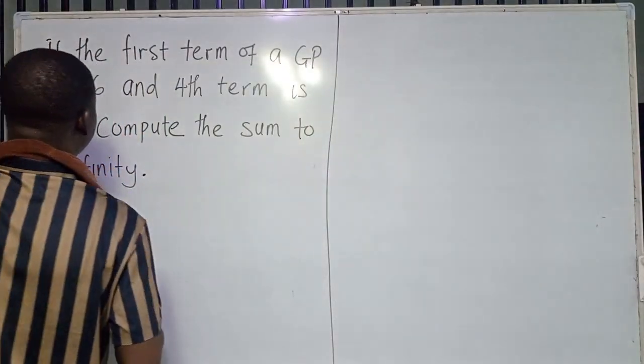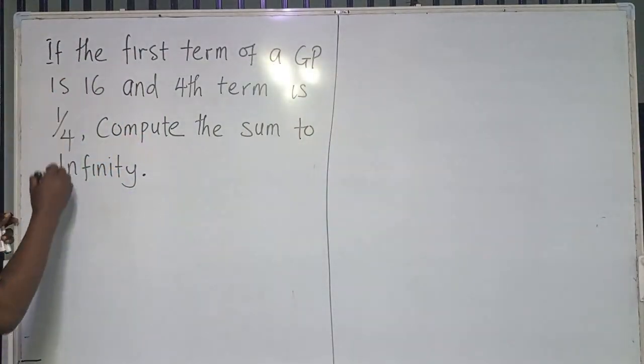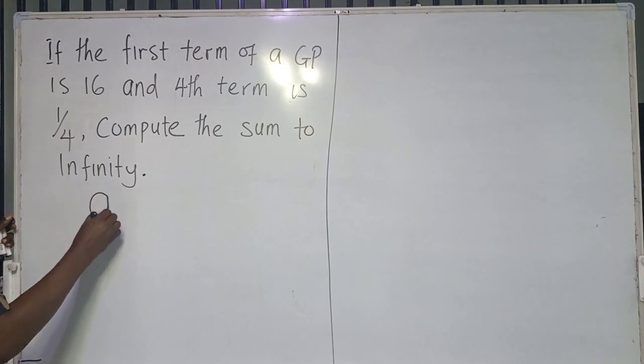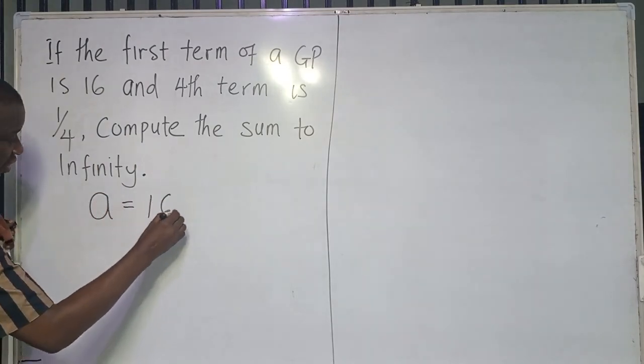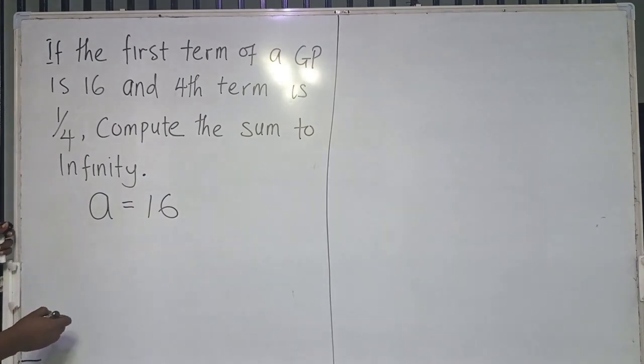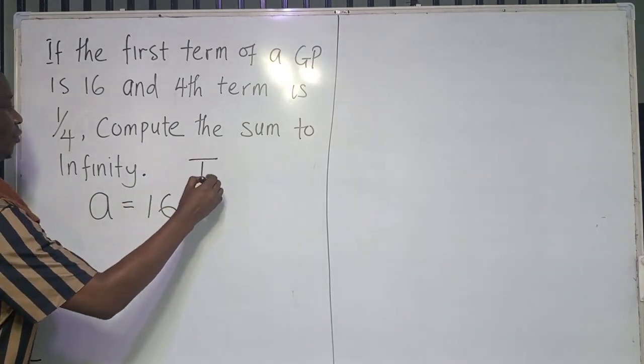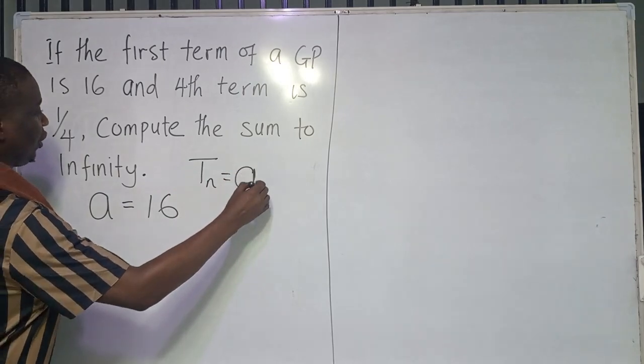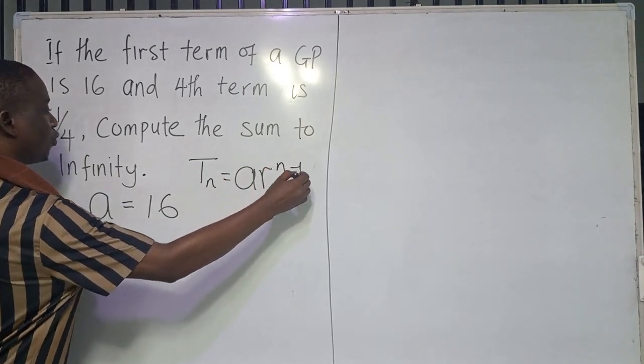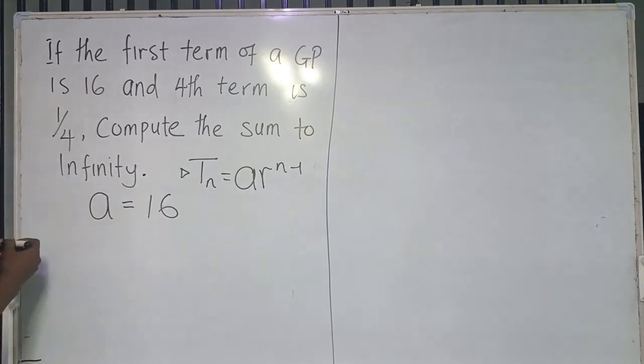Now what we want to do is simply interpret them one after the other. First term A is equal to 16. Don't forget that the nth term is ar^(n-1). That is the formula to use for the nth term of a GP.